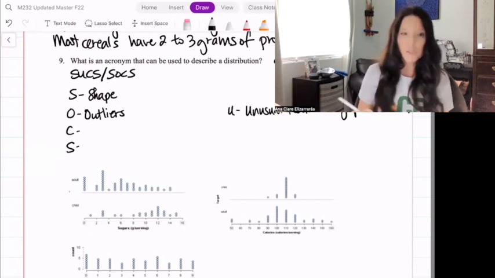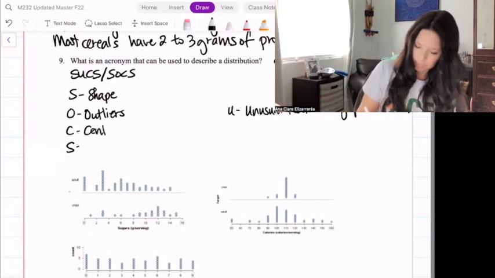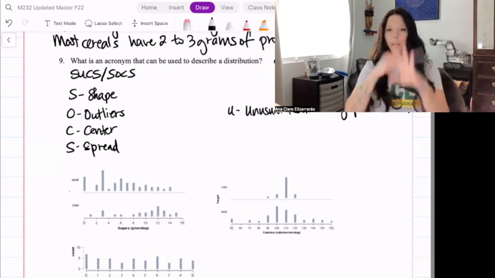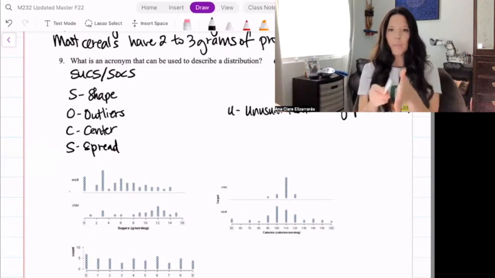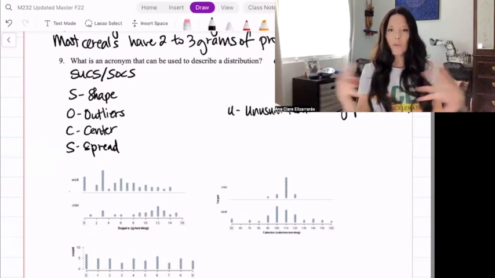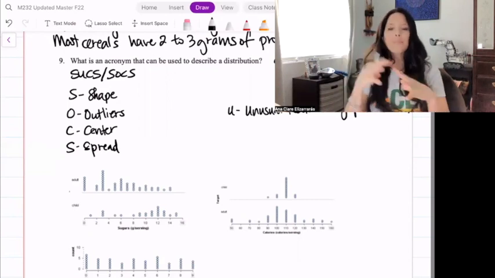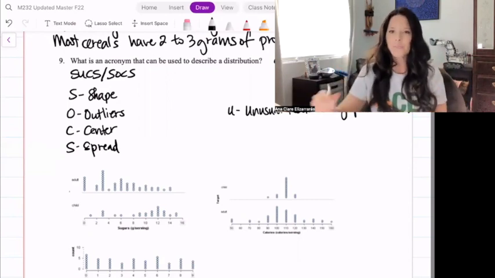The C stands for center, and the second S stands for spread. That's the variability. So you're talking about what the picture looks like, where the typical value is, what the overall spread of the distribution is, and are there any outliers? Is there any unusual features like gaps?